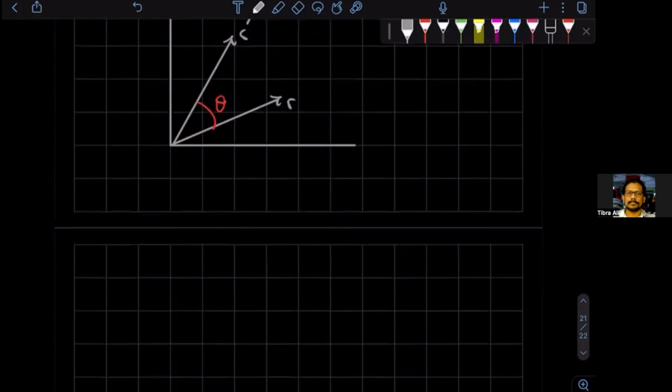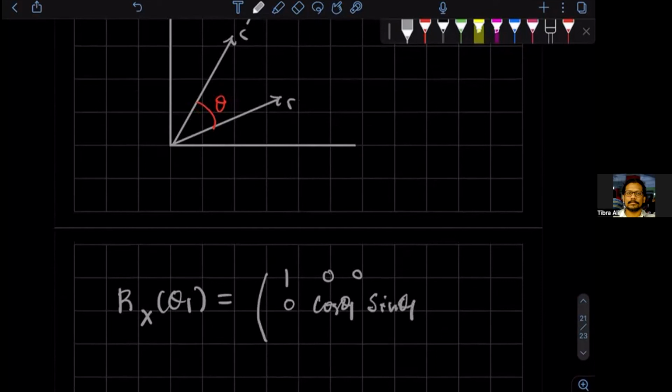Okay, so that was the form of Rz, but then we can write similarly our rotation around the x-axis, which will have this form. The minus sign here doesn't matter whether it's here or there, because sine is an odd function. And the fact that it's an odd function means that if you take theta to minus theta, you get the inverse element.